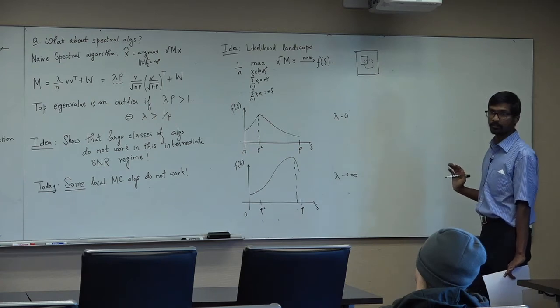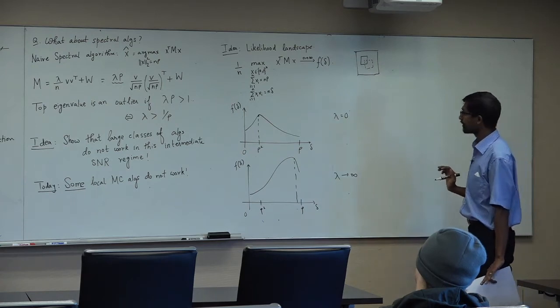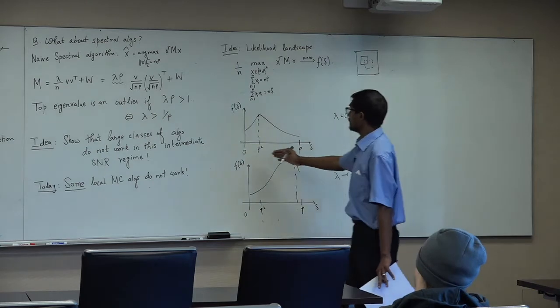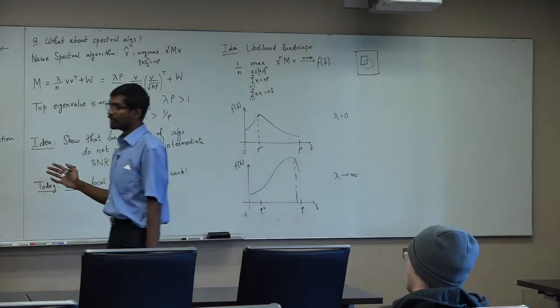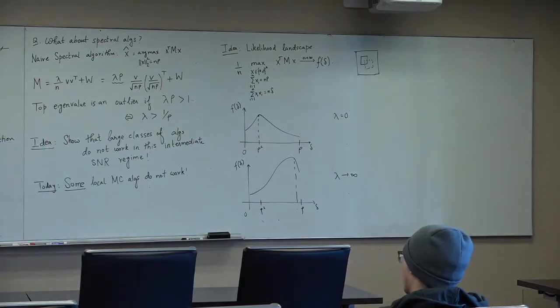Make sense? Can you repeat where rho squared comes from? Yeah, so I take my matrix, I know potentially there is this n times rho sized submatrix that's hidden. I want to come up with a guess. I don't look at the data at all. I just give you a random n times rho sized subset. And so now I look at how many I will get in common, just by chance.